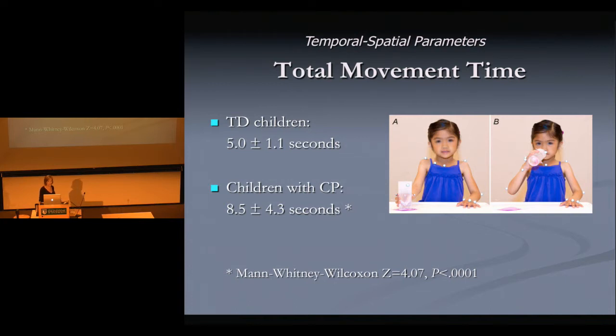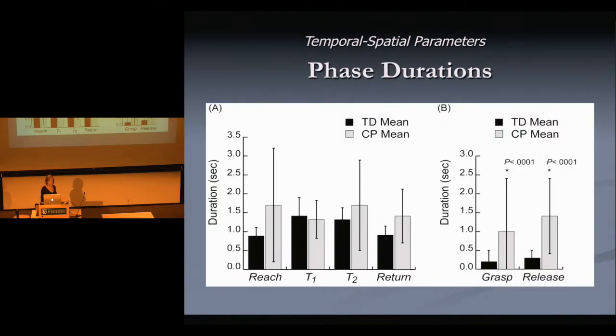Now, the total movement time was statistically significantly different between the typically developing population and the children with CP. Children with CP took almost twice as long to perform the task. The durations of the individual phases of the reach and grasp cycle are displayed here. The typically developing population is in black.